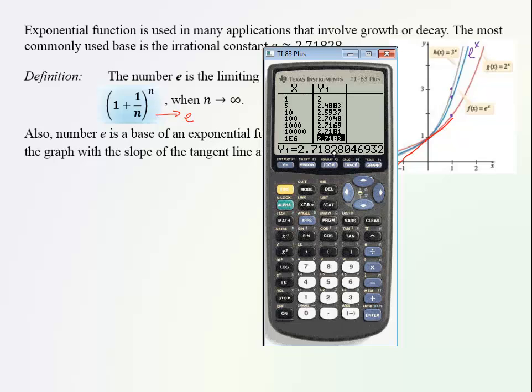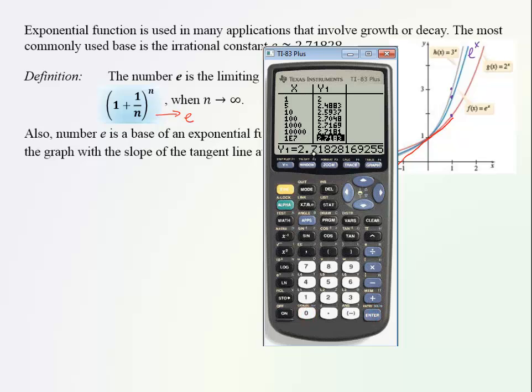So the first four digits are 7182. And if we enter another number a little bit higher for x, and the first four digits will be exactly the same, then we know that these four digits are already established. So let's try 1 and 7 zeros.